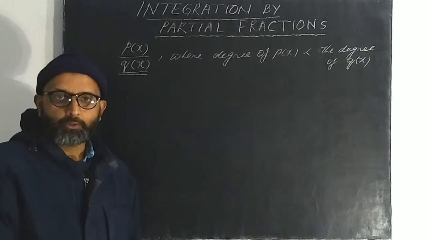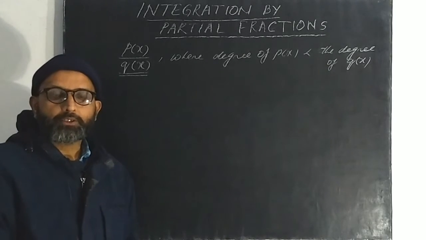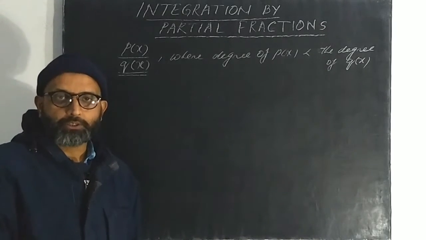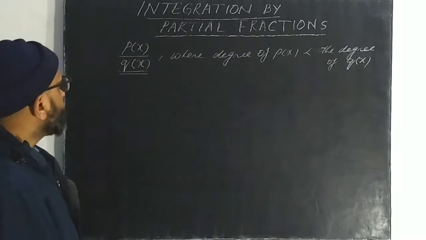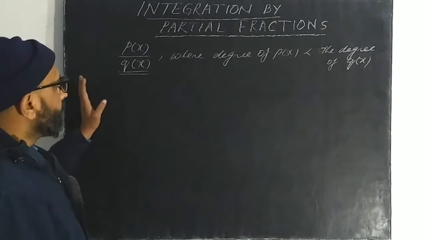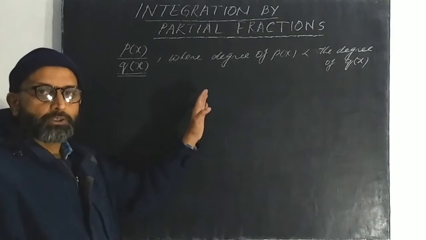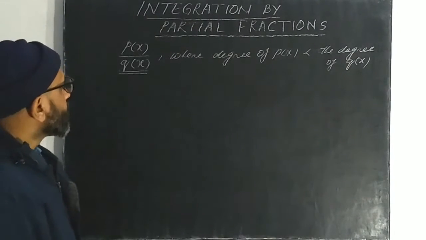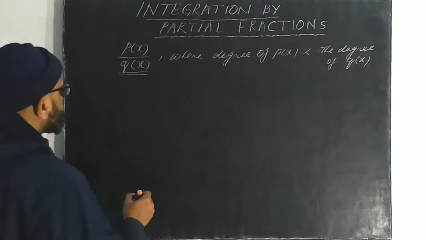That is called partial fractions. So we break this one fraction into a number of partial fractions. And what is the technique?